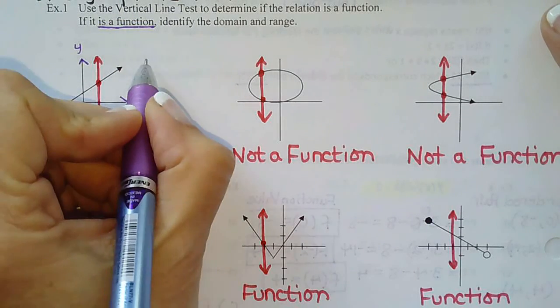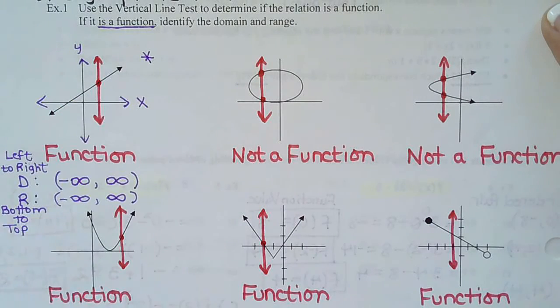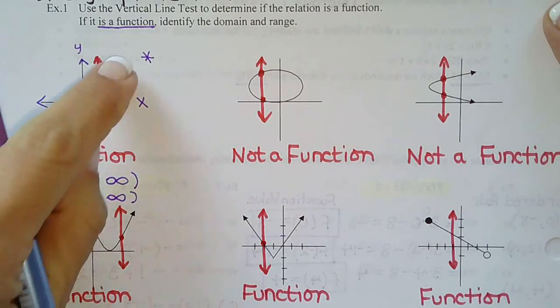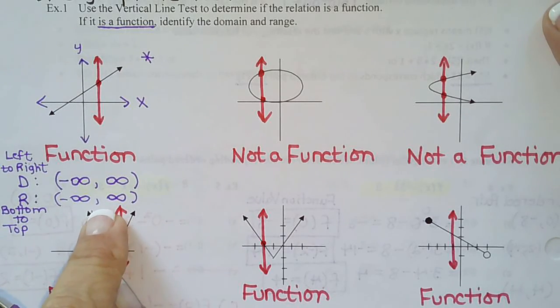And I think you should make a little note right here. Every single line you ever draw will have the same domain and range except vertical and horizontal. So anytime I ask you for domain and range on a line that has 2 arrows, that's what you write.